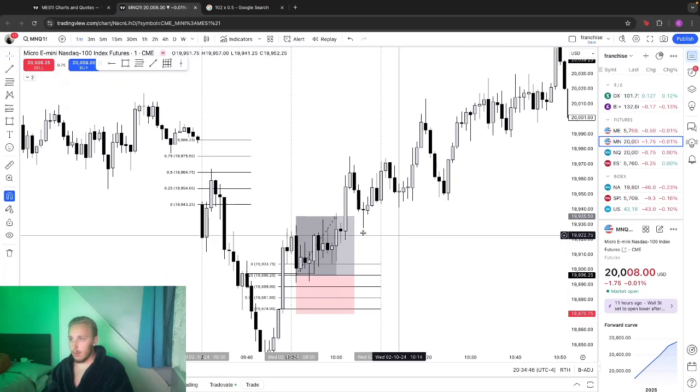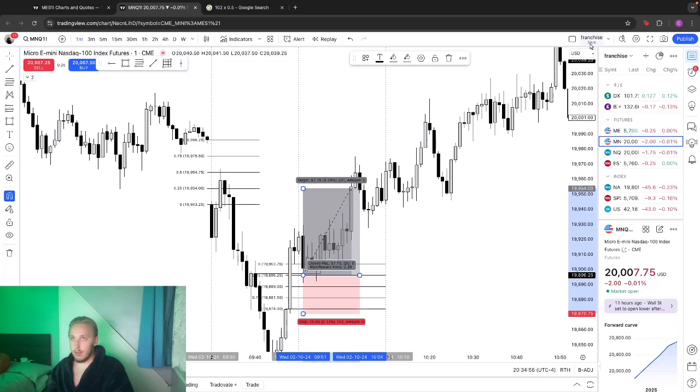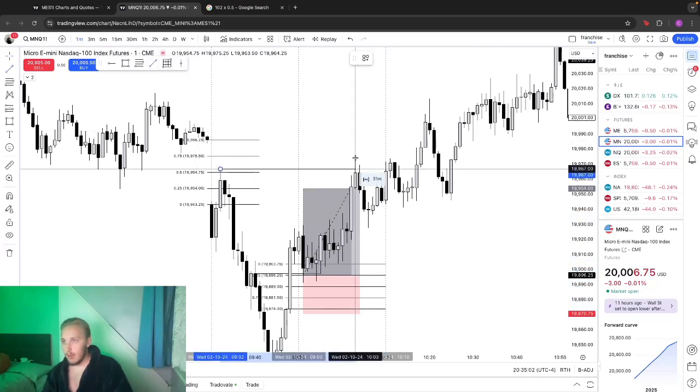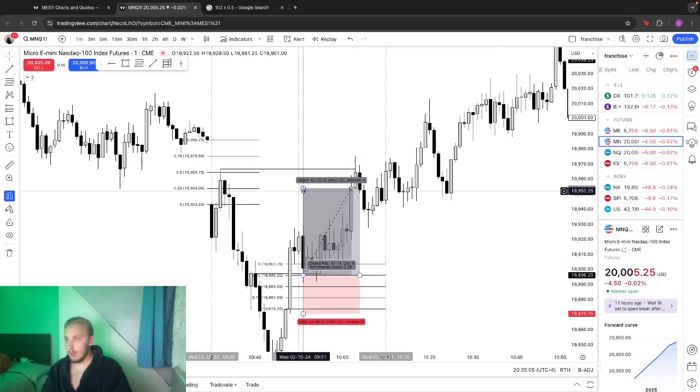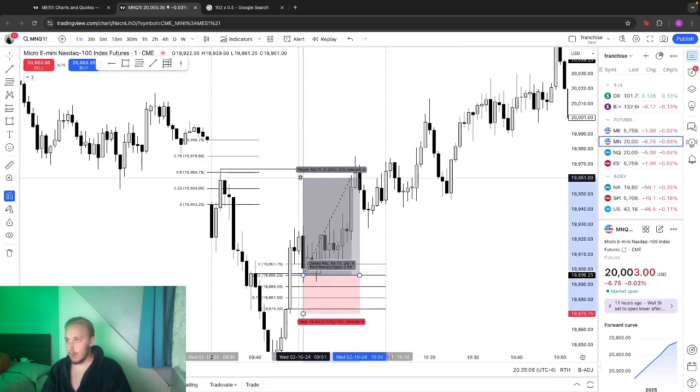Either one will do. Now targets, you could either target the upper quadrant, which has already been touched, so you wouldn't have even done that. You wouldn't have even had that as a target. You would have had this swing high as a target, 932 swing high. You also could have had the upper quadrant or lower quadrant as a target.